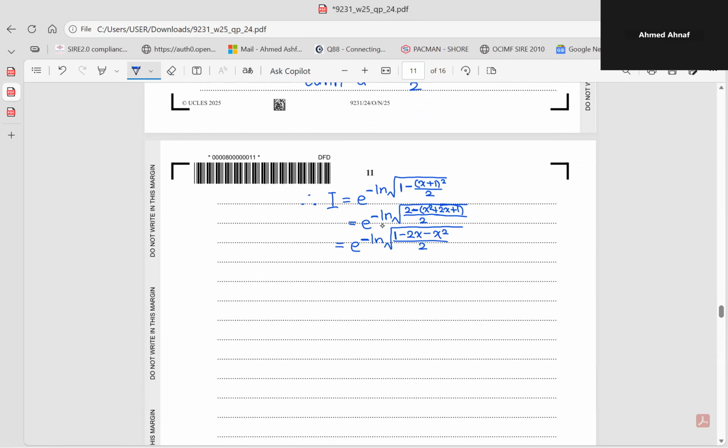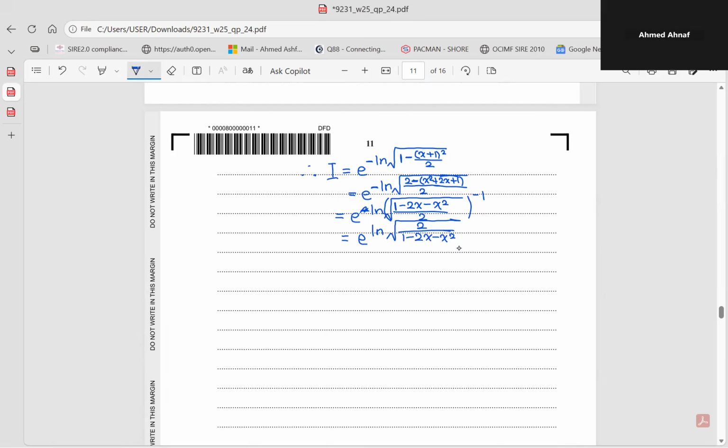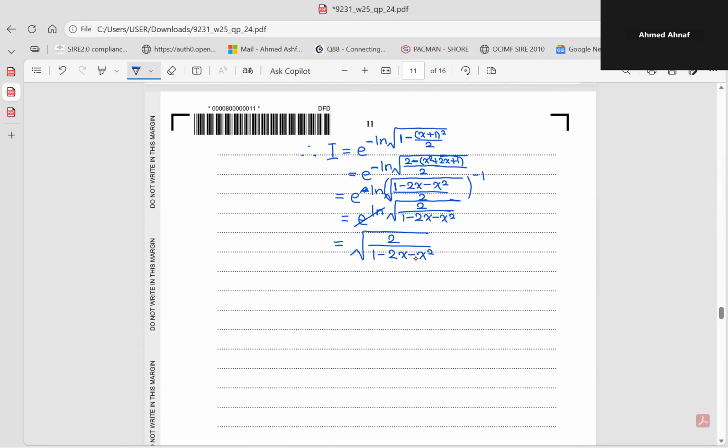This negative we can move over there, and the numerator and denominator get flipped over. So this is e to the power of ln square root 2 over 1 minus 2x minus x squared. The e and ln cancel. Therefore, this is just square root 2 over 1 minus 2x minus x squared, the integrating factor.